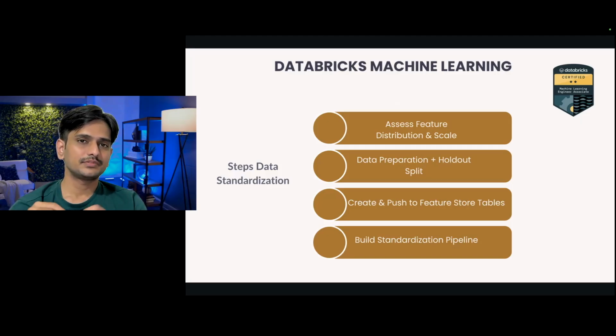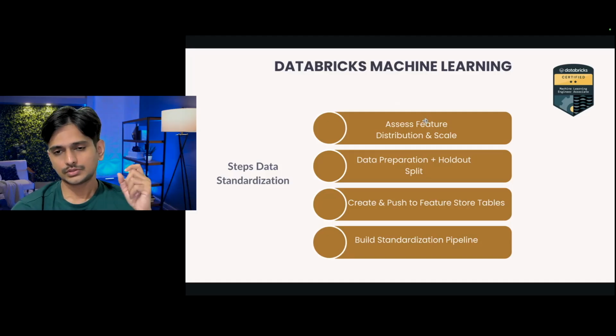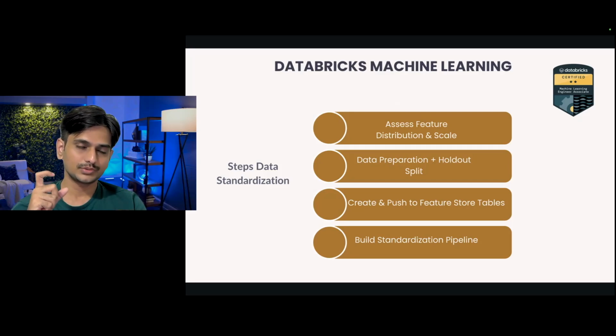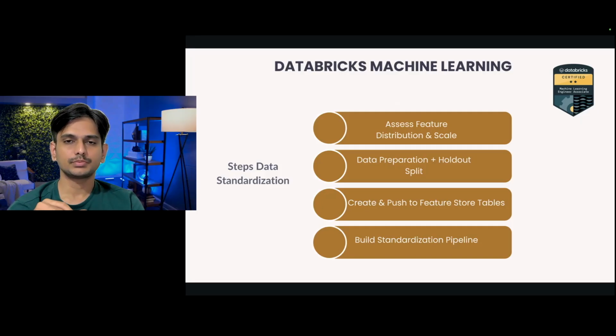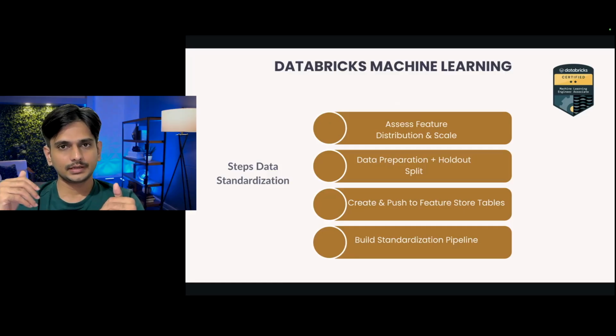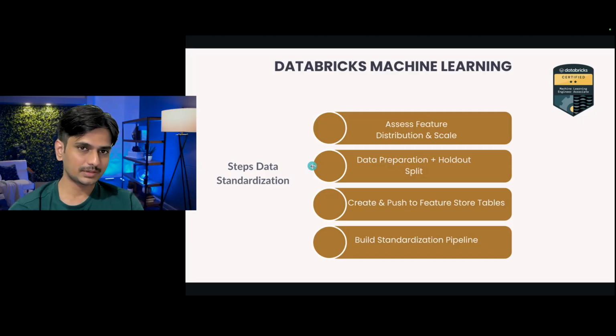Then you need to decide if standardization is needed. Usually yes for distance and gradient based models, right? Basically, there might be multiple columns. You need to identify which columns you are using as features. If those columns are on different scales and the intention is to use gradient descent or distance based models, then you need standardization, and only then go to step two.